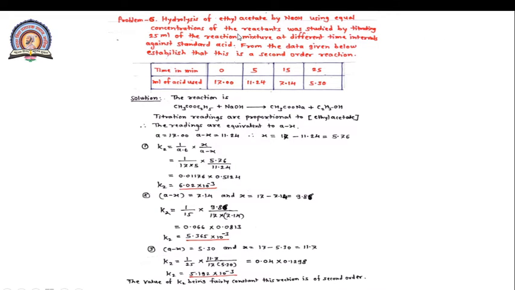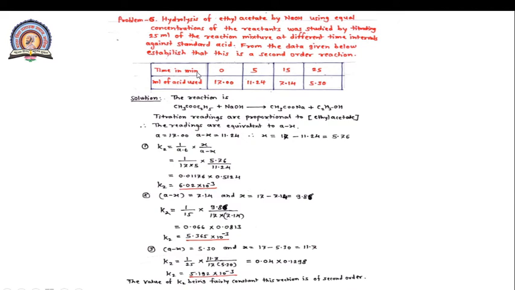Now here it is the hydrolysis of ethyl acetate by NaOH using equal concentrations, and the titration of 25 ml of the reaction mixture is performed at different time intervals, that is 0, 5, 15 and 25 minutes, against standard acid. From this data you show that this is a second order reaction.